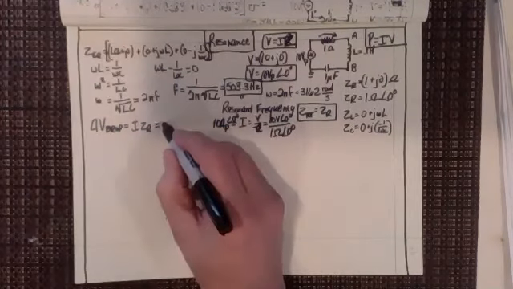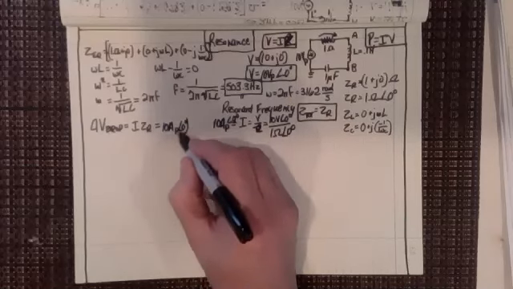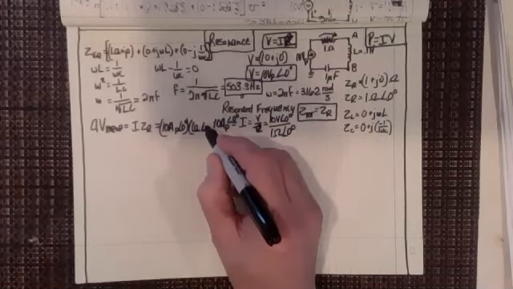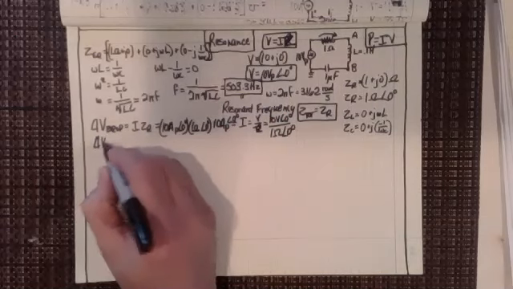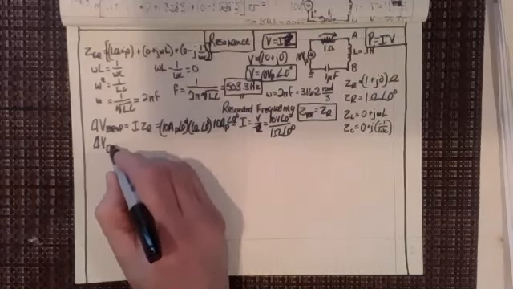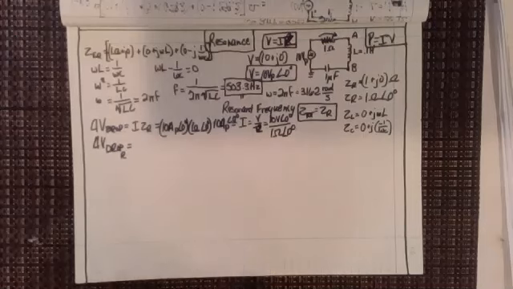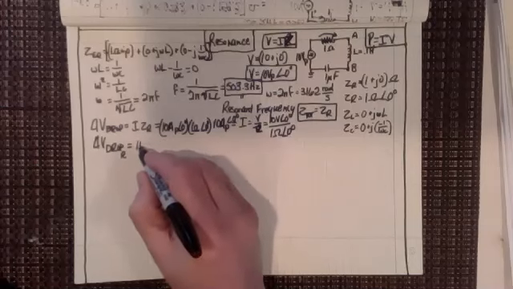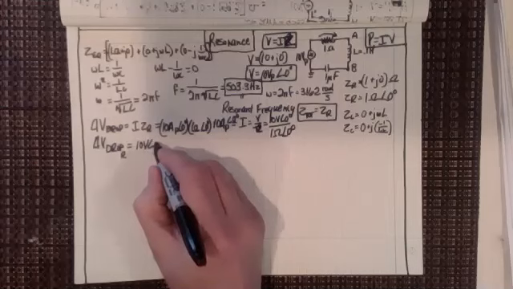So if I put this here, 10 amps peak at 0 degrees times 1 ohm at 0 degrees, I get the voltage drop across the resistor. I'll put an R down there.